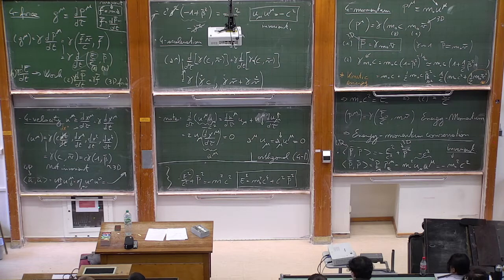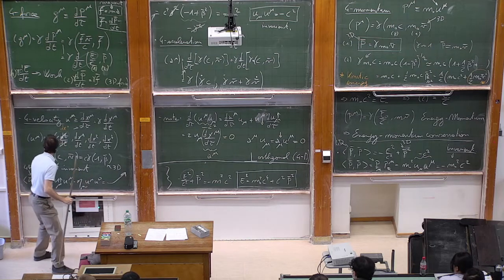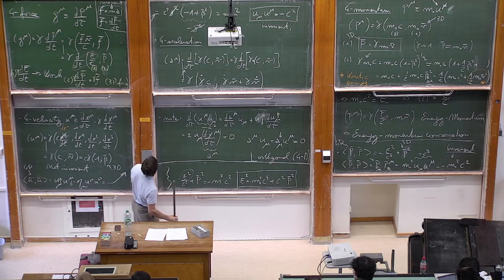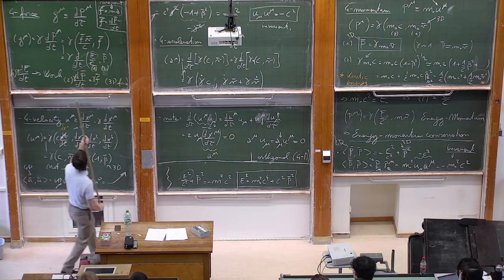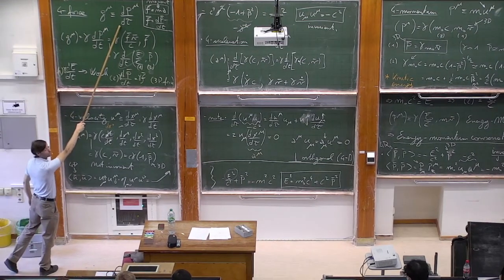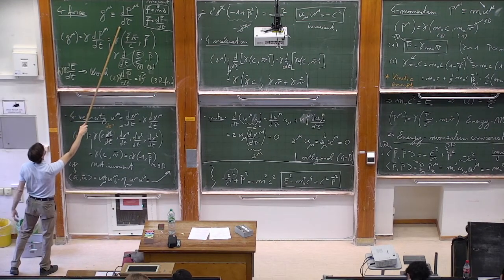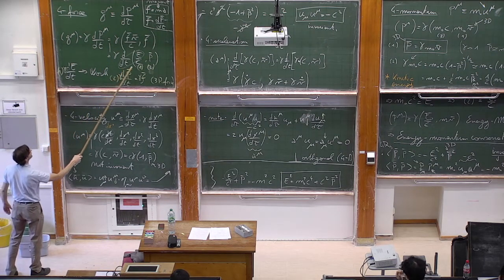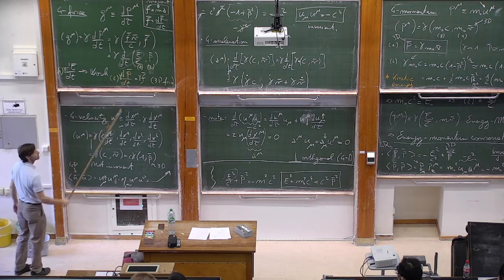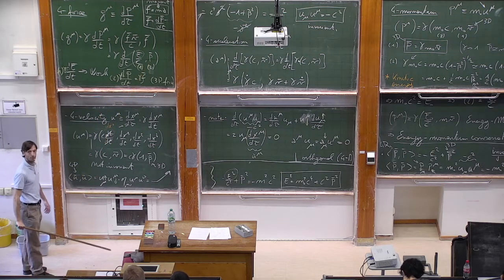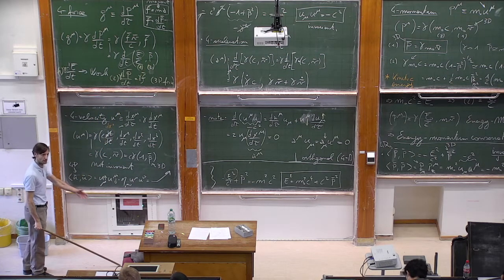And as last definition, I just gave you the four-force. Four-force. Where is it? I lost it. Here. Okay. I gave you the four-force, which is again a definition analogous to what we have in the standard Galilean non-relativistic world, and that contains two ingredients. One is related to the change of energy of our particle, and one is related to the change of the momentum of our particle with respect to time.